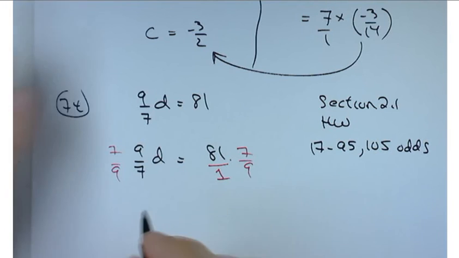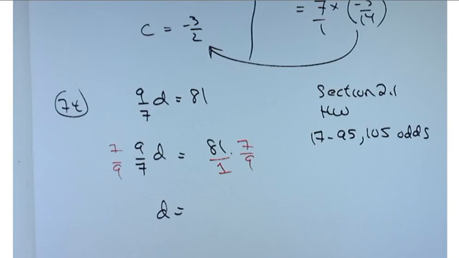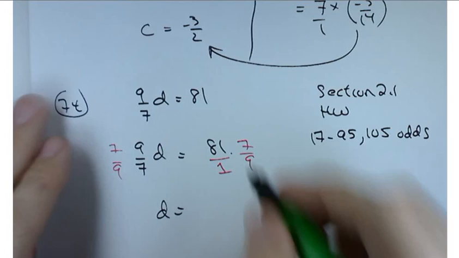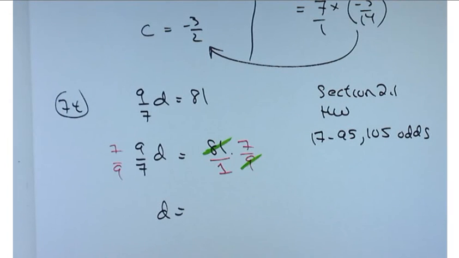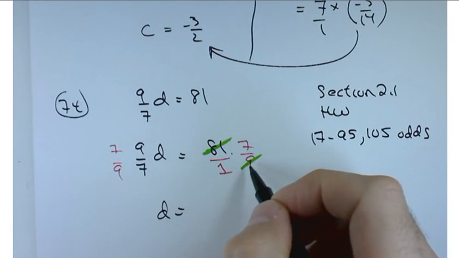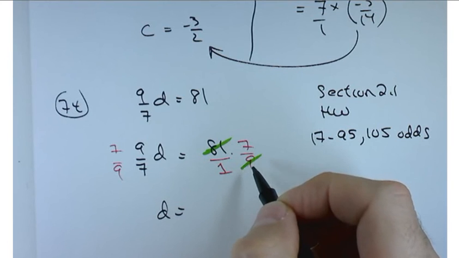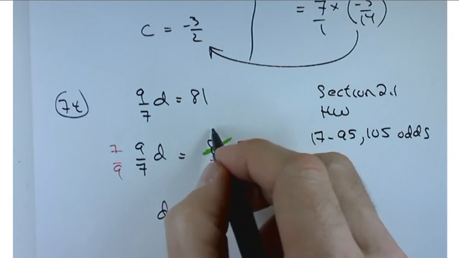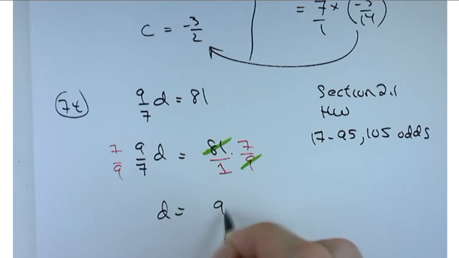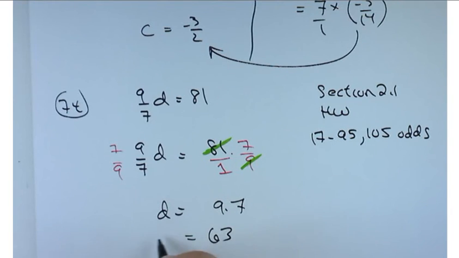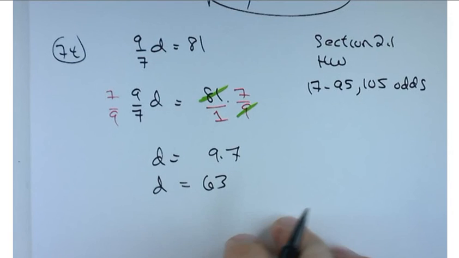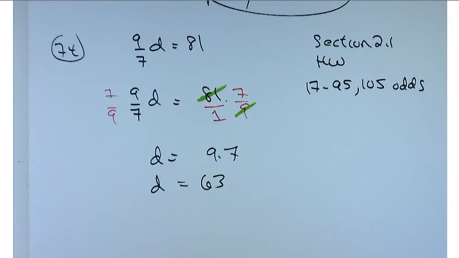So it's just D. That's all that's left. On the right-hand side, there's a mathematical operation called gazinta. 9 gazinta 81, 9 times. So I'm left with 9 times 7, 63. Cool. There you go.